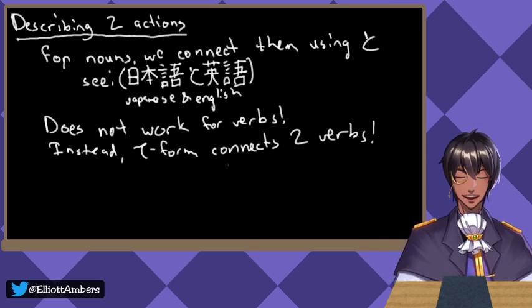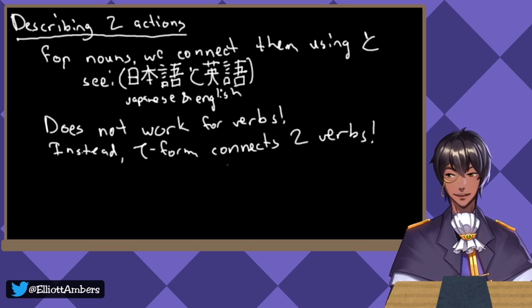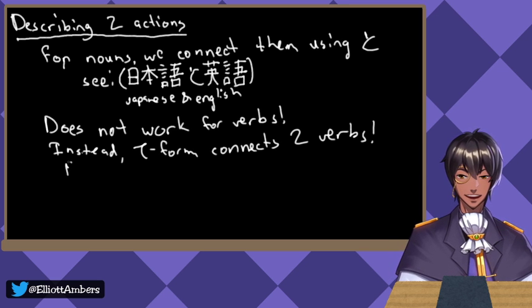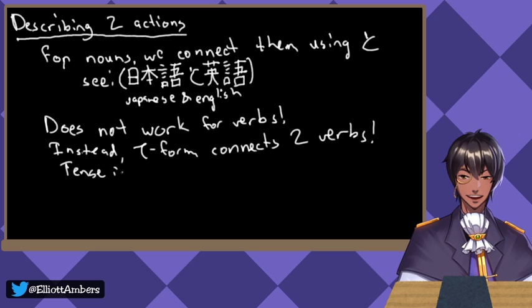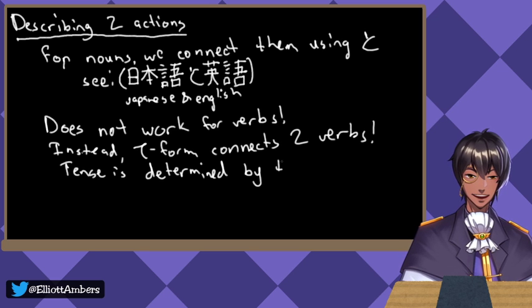So the te form connects two verbs, and the way this works, when we want to say that we are doing an action that involves two separate actions, the tense is determined by the second verb.